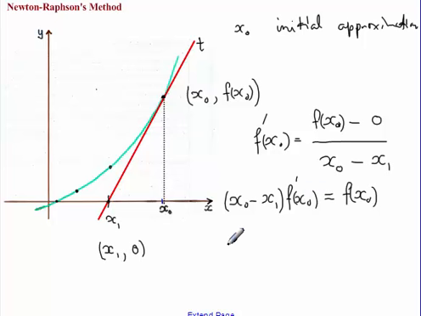If I divide both sides by f prime, we are going to get x0 minus x1 equals f of x0 divided by f prime at x0.